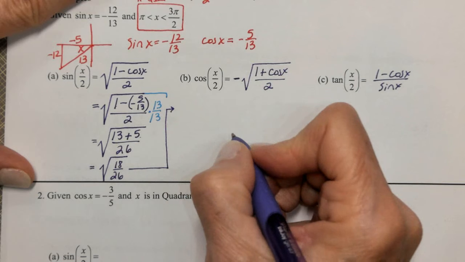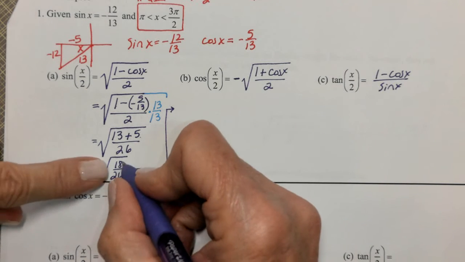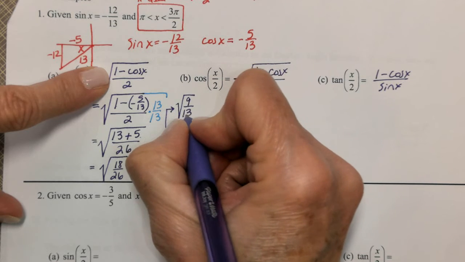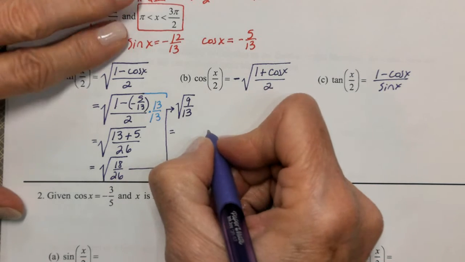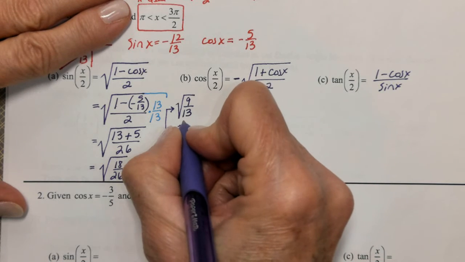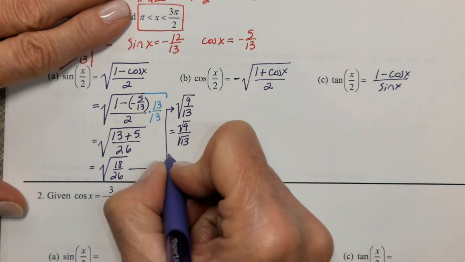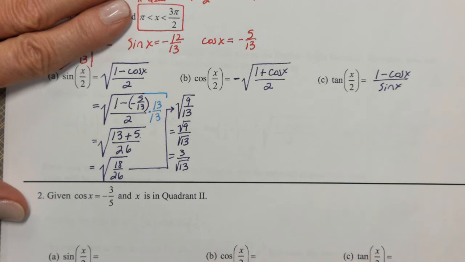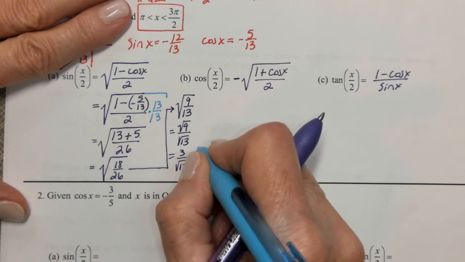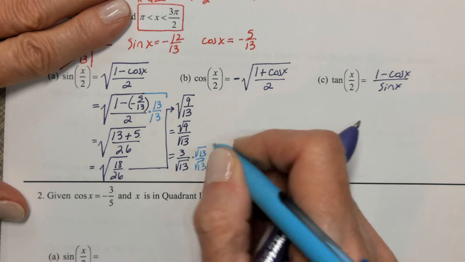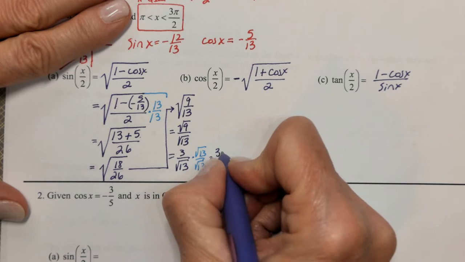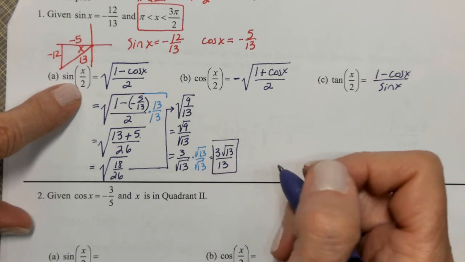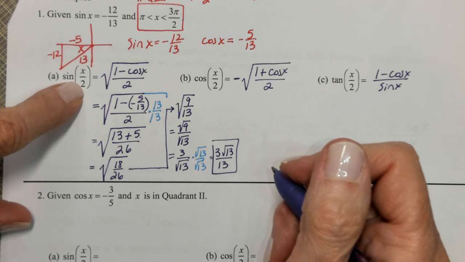We'll have to simplify that for a multiple choice question. There's a 2 in common, so that's the square root of 9 over 13. The square root of 9 is 3, so we have 3 over square root 13. One more thing to do is to rationalize that denominator, so this will be 3 square root 13 over 13. And that is sine of x over 2.